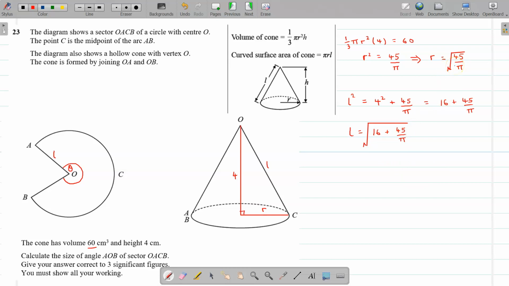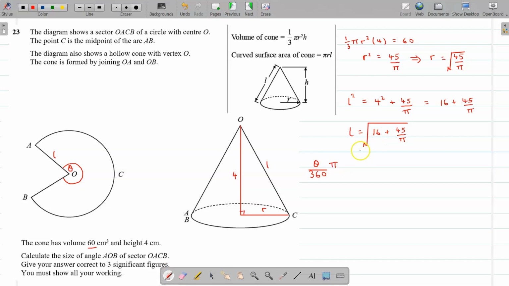Now, the next thing I could do is I know that the area of a sector of a circle is the angle, which is theta, divided by 360, times the area of a circle, which is pi r squared. So theta over 360, times pi, times the radius squared.